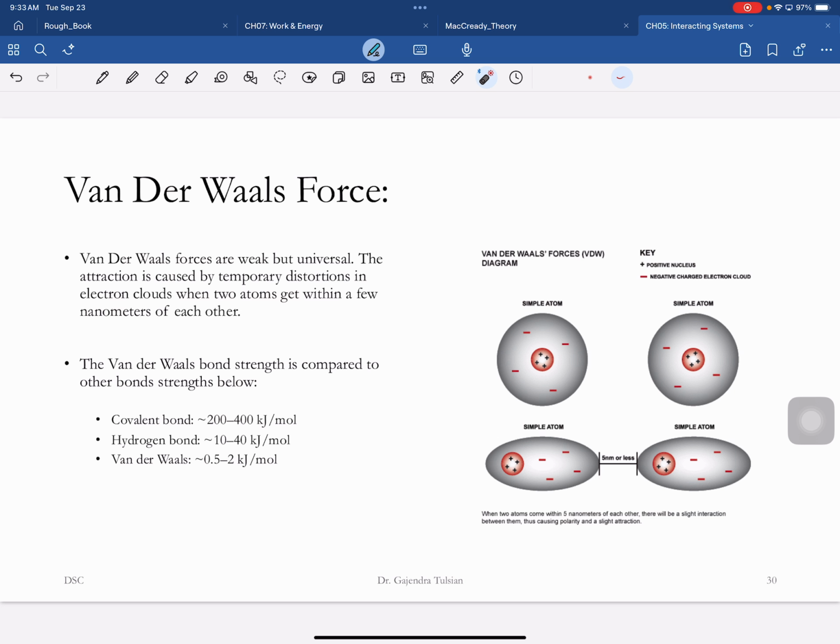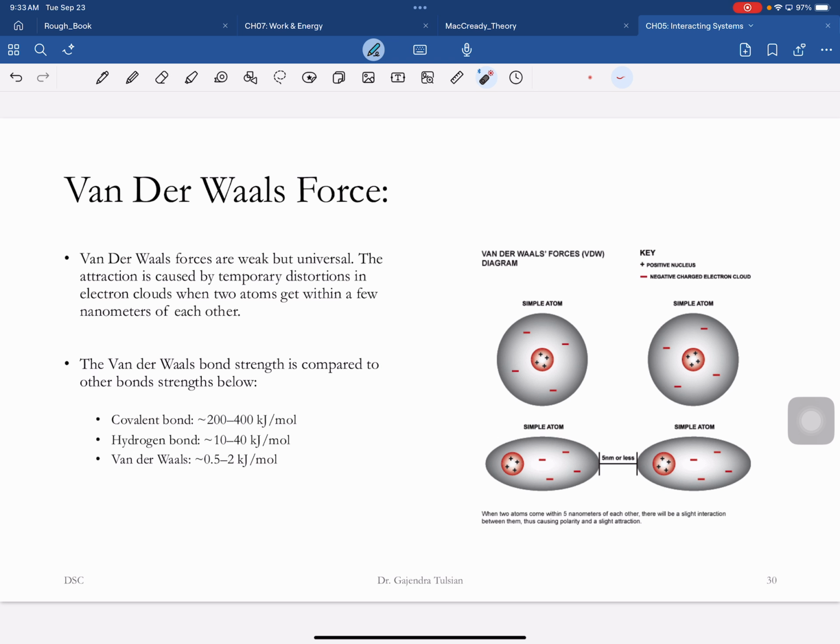The nucleus of this one attracted the electrons of this one, so the electrons got closer to it, and these electrons repel these electrons.